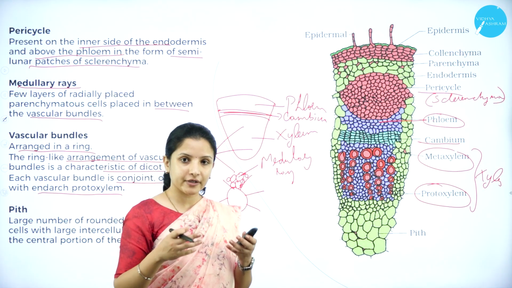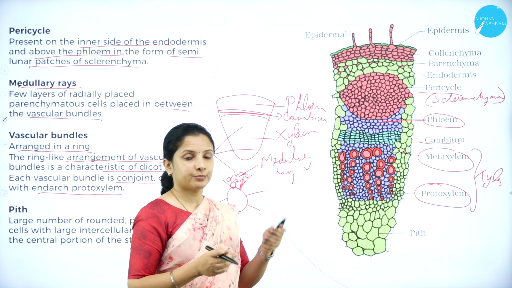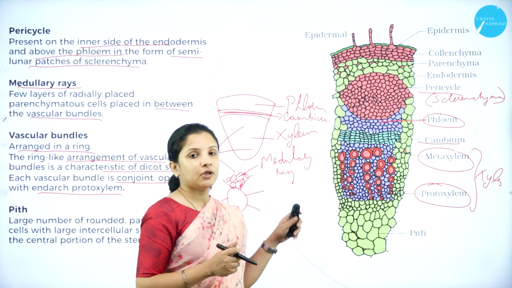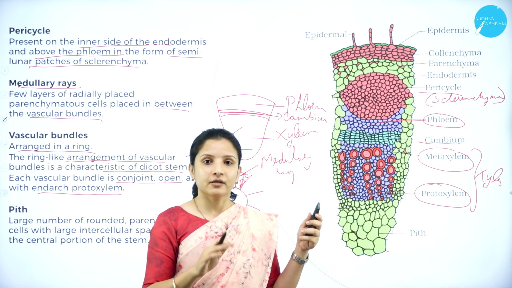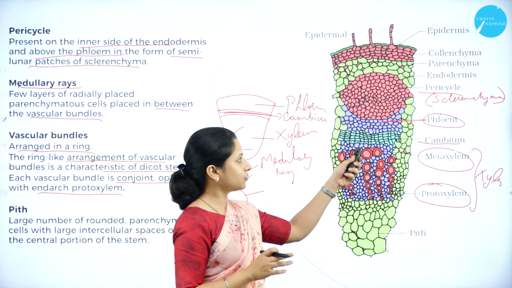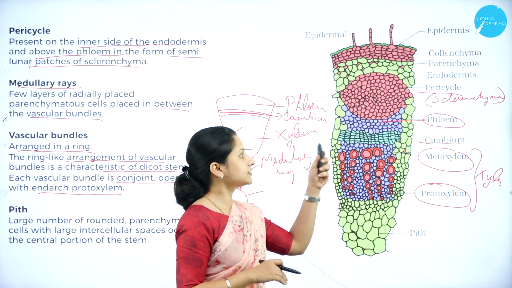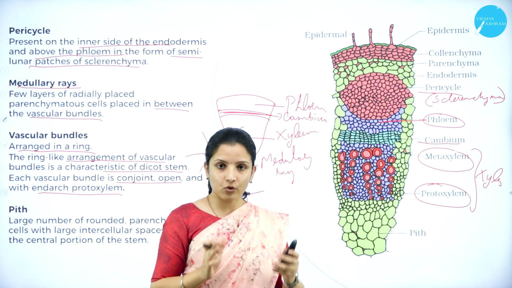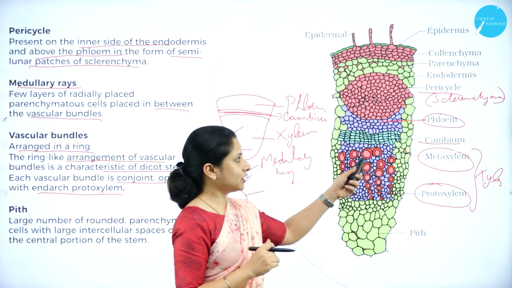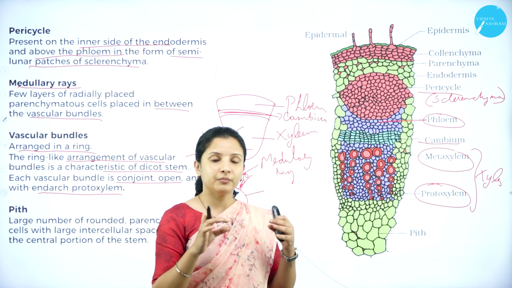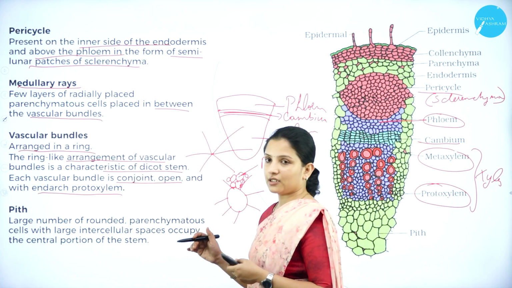If it is a conjoint closed vascular bundle, then the cambial ring will be absent. The dicot stem has vascular bundles arranged in a ring, and one more characteristic feature is that it is a conjoint open vascular bundle wherein the phloem and the xylem are divided by a middle layer called the cambium. So that is conjoint open vascular bundle.